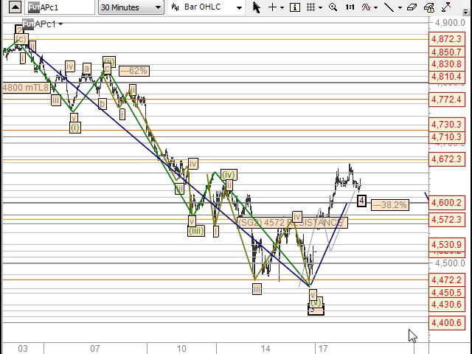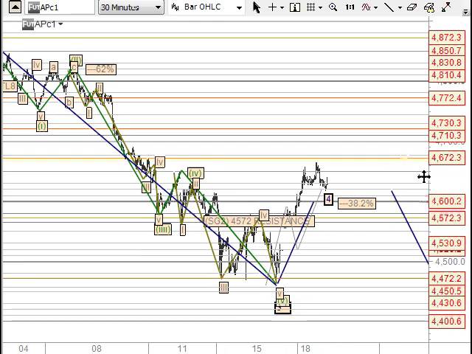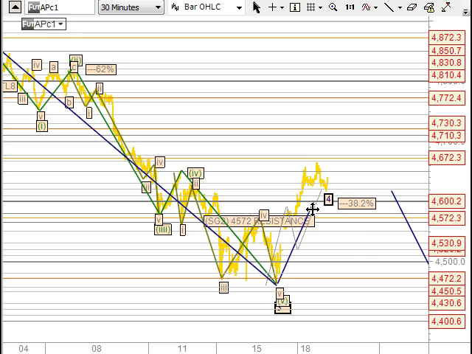We'll continue to hold those dozen long trades as a bit of a hedge there. But we really need to give this time to play out. We are expecting it to complete as a wave 4 and then move down for wave 5, but we need to give it time to do that.